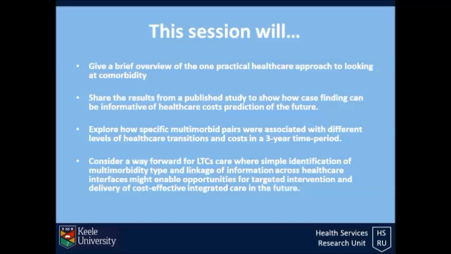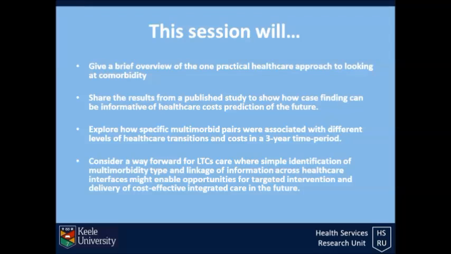In this session, I intend to give you a brief overview of one practical approach that we've looked at for comorbidity. The results were published in a national journal. Clinically, in the databases that GPs use in practice, there may be specific multimorbid pairs that we can identify.